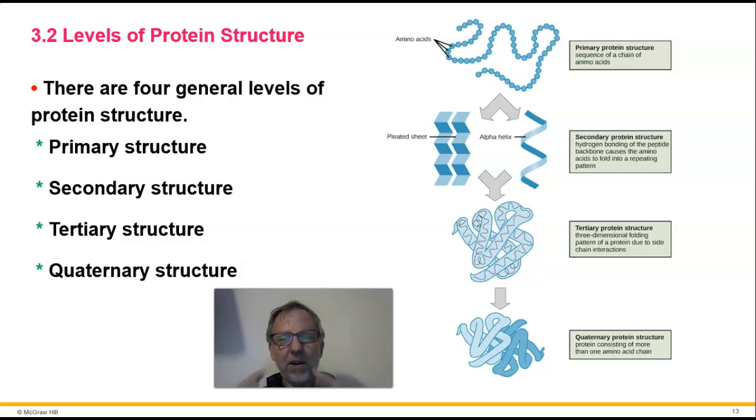The quaternary is the highest level of protein structure, and that's the overall shape that a protein has when there are 2 or more polypeptides that stick together to make the protein. So I've just given you a rundown of these 4 levels, but I'm going to give you a rundown slide by slide as we move forward here.